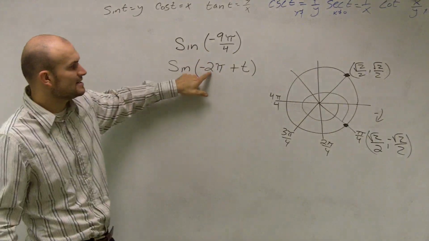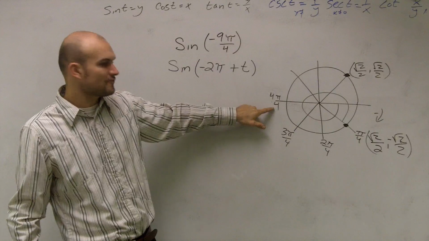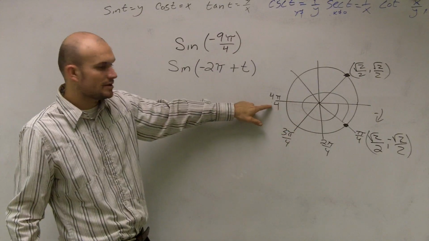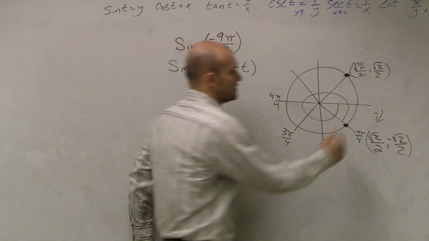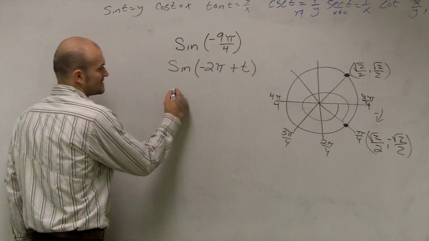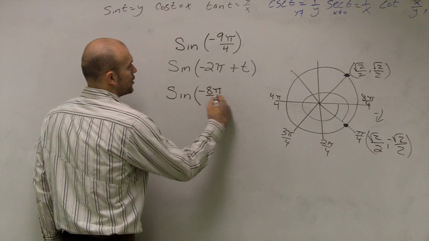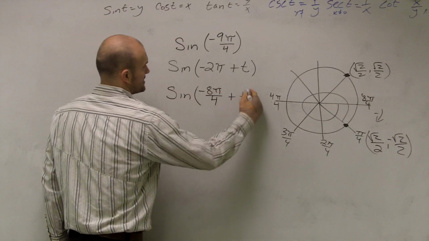Well, what is negative 2 pi in terms of my denominator 4? If 4 pi over 4 is one half revolution, then this becomes 8 pi over 4, right? So I say sine of negative 8 pi over 4 plus t.